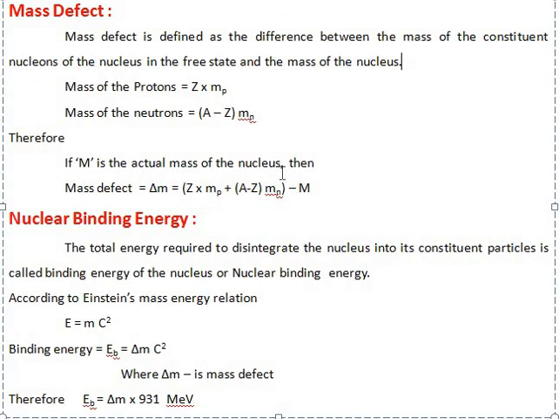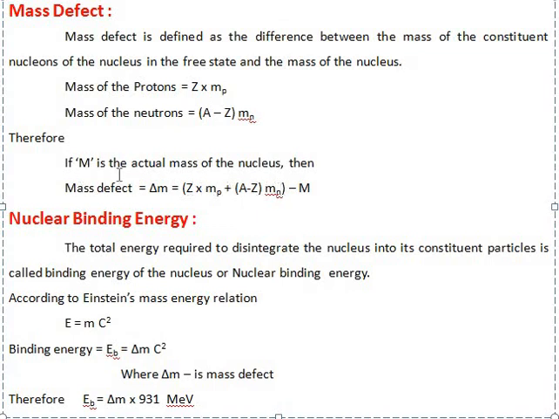The theoretical mass can be found from the mass of the protons, Z into Mp, and the mass of the neutrons, A minus Z into Mn, where Mn is the mass of a neutron and Mp is the mass of a proton. So the theoretical mass of the nucleus becomes Z into Mp plus A minus Z into Mn.